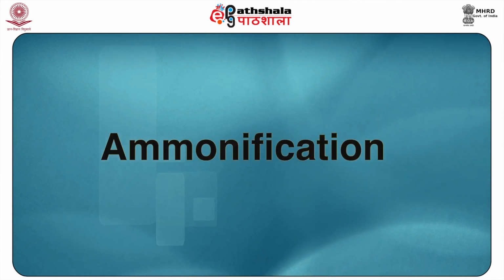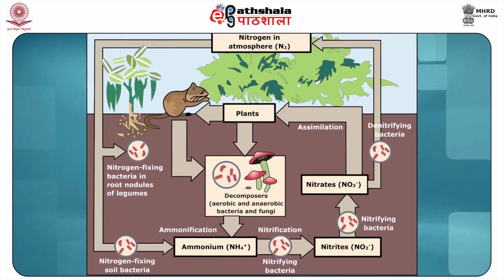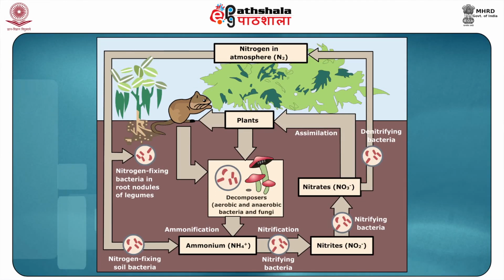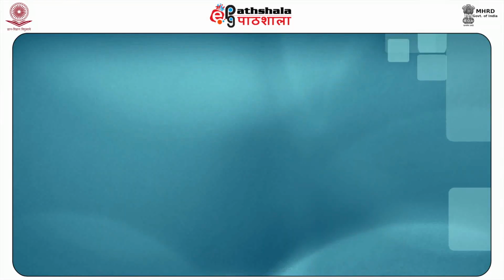Ammonification. Organic nitrogen from dead plants and animal waste is converted back into ammonia by the action of bacteria or fungi. This process, also known as mineralization, is the reverse of assimilation and involves many enzymatic reactions.